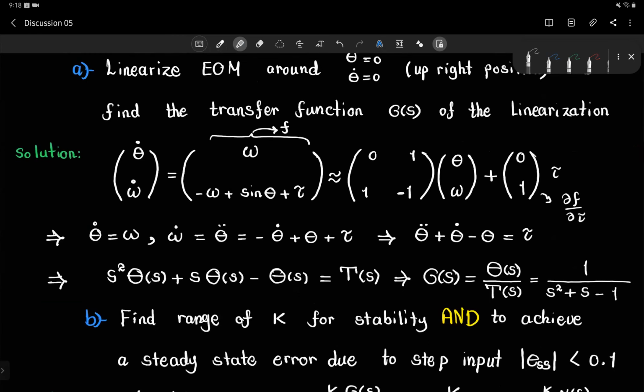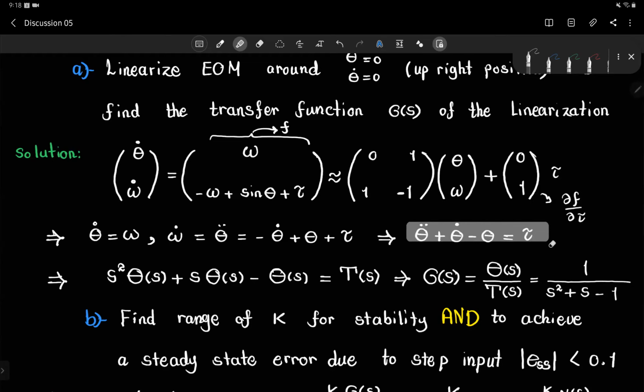So now we go back to the linearized second order differential equation. So theta dot is equal to omega, and omega dot, which is equal to theta double dot, is equal to negative theta dot plus theta plus tau, which means that we get theta double dot plus theta dot minus theta is equal to tau. So this is a second order linear differential equation, right?